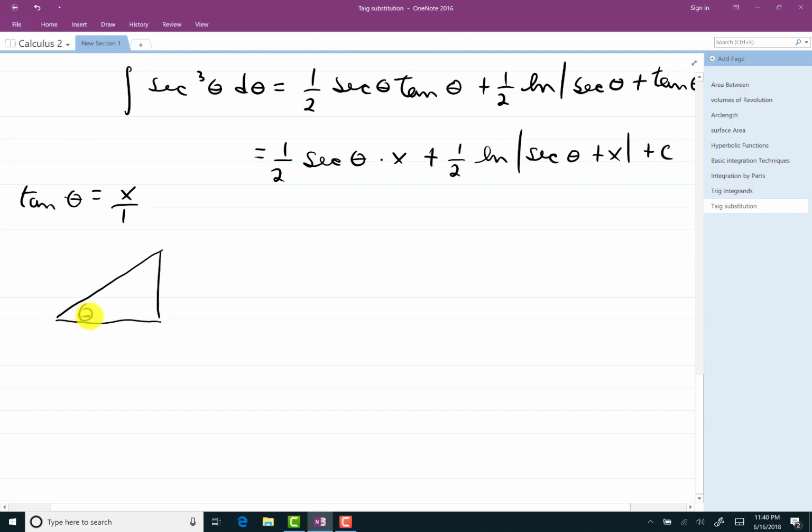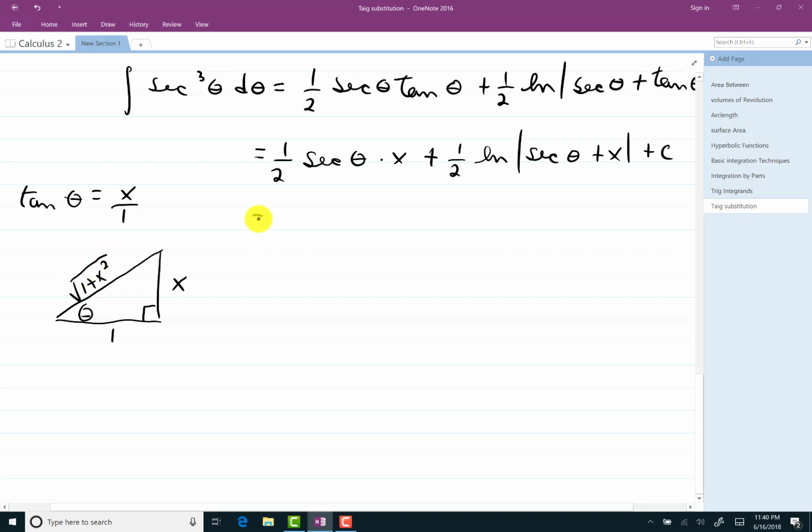Put your theta in the corner like you would for any other triangle, and notice the tangent of theta is opposite over adjacent. That means I can have an x for opposite and a 1 for the adjacent. But then that makes this last side very simple: the square root of 1 plus x squared.